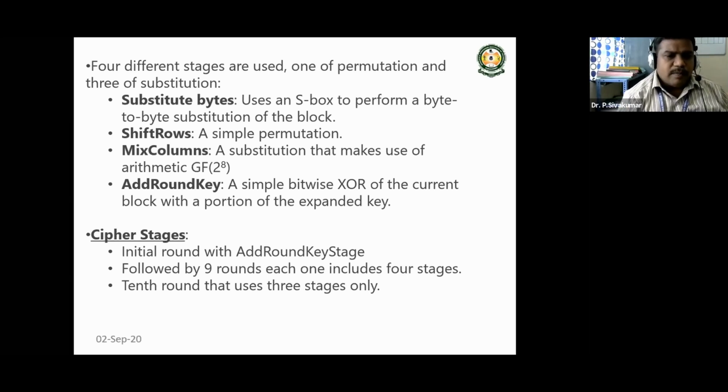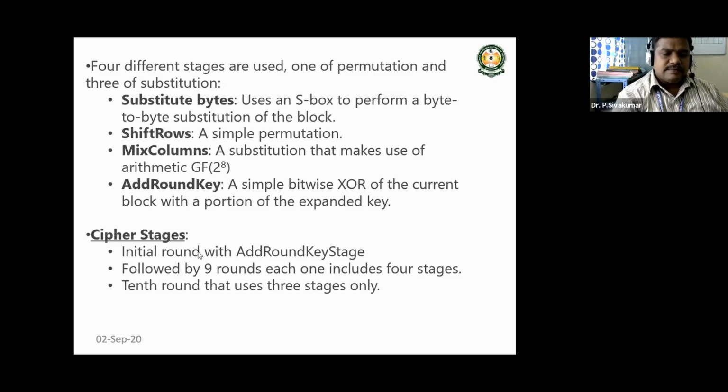Next it is followed by 9 rounds, each one including the 4 stages. So for the next 9 rounds we take all 4 stages, that means 4 operations. Then in the 10th round we use only 3 stages. We are not using the mix column.